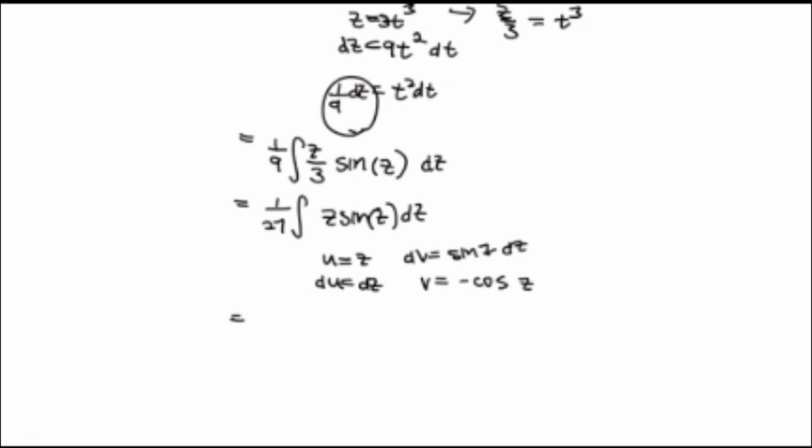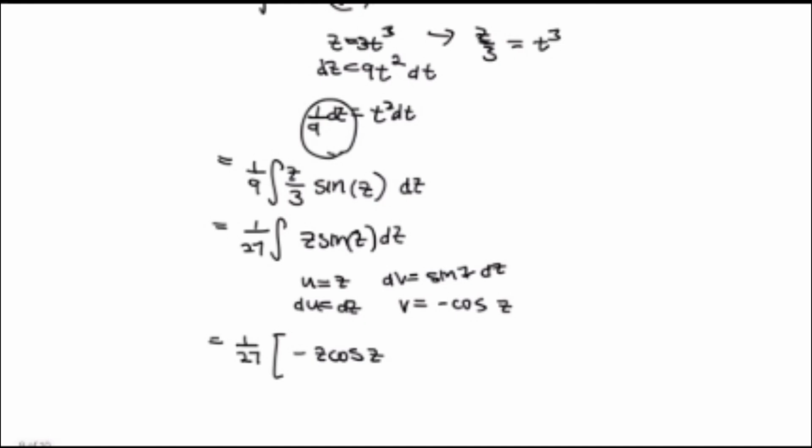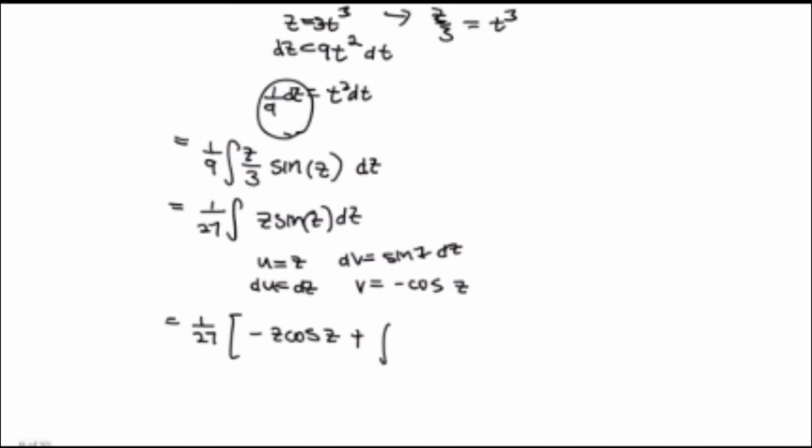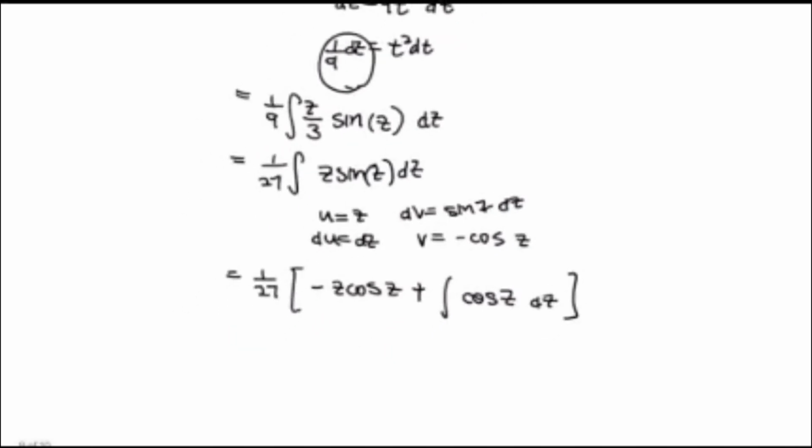And then u times v is negative z cosine z, and then minus would just be plus v times du, which is cosine z dz, right?